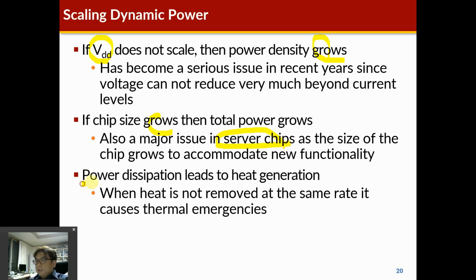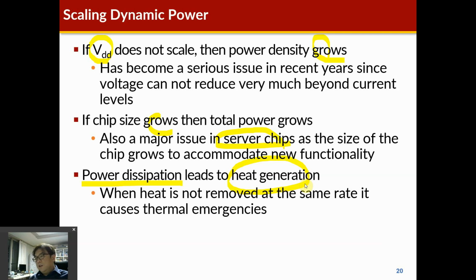And power is directly related to heat generation. And heat control is a very critical issue on the computer chip. So if the heat is not properly removed from the computer chip, then the computer chip will be broken.